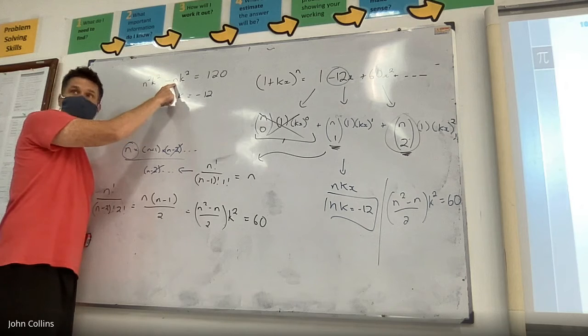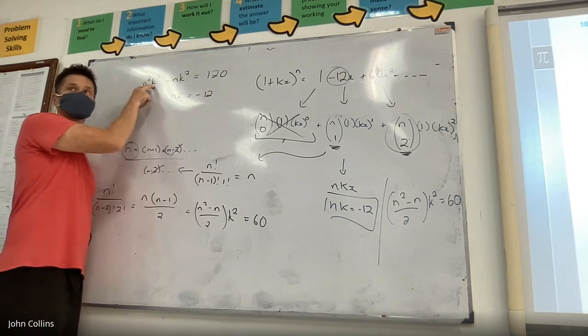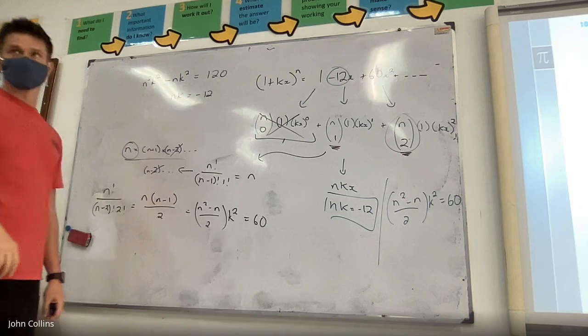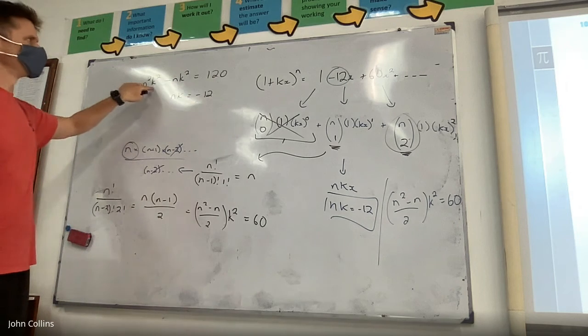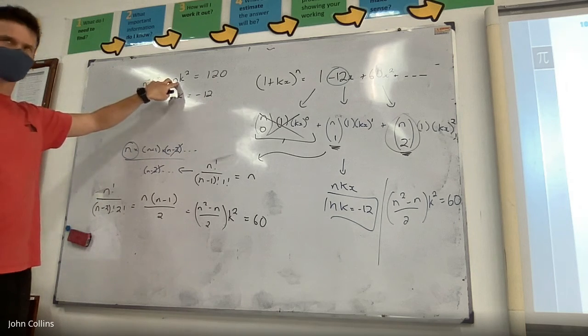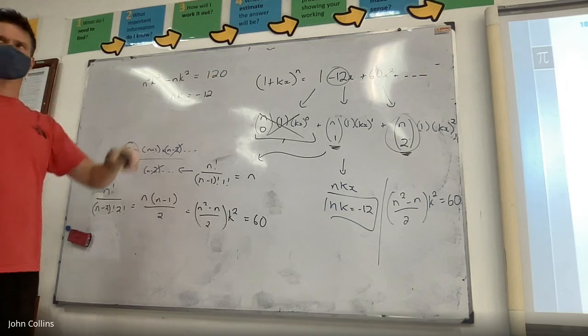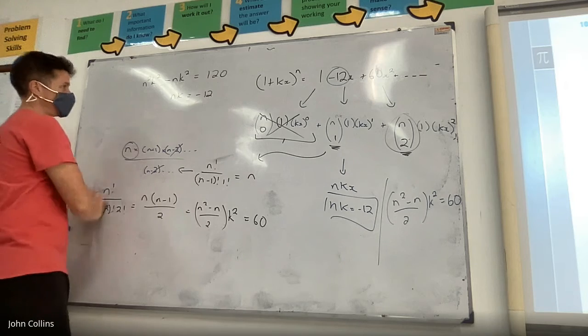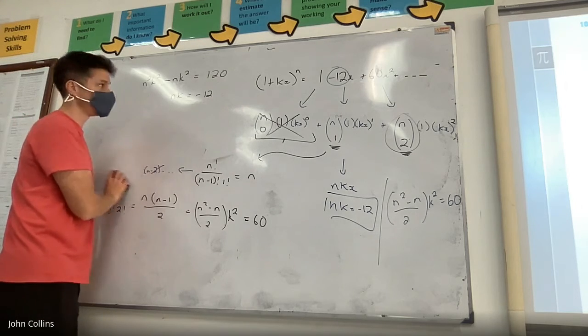That's n to the power 1 k squared. It's not the whole thing squared. That's the whole thing squared. So it won't sub in here and here. You wouldn't want it to sub in because then it would be 144 equals 120. That doesn't work. Huh? The second equation would make it equals n.